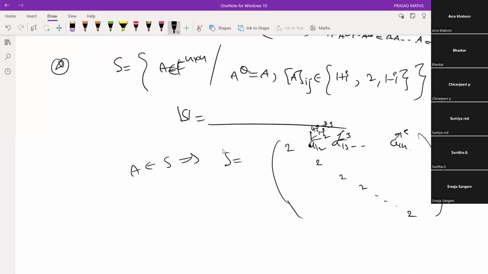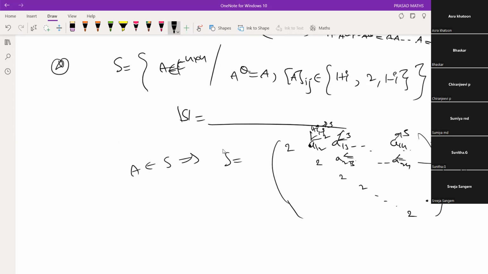This entry, 3 choices. So how many choices for this row? 3 into 3 into 3 into 3 into 3. How many 3s? n minus 1 3s. So 3 power n minus 1. Similarly, A23 up to A2n also have 3 choices each, so 3 power n minus 2.